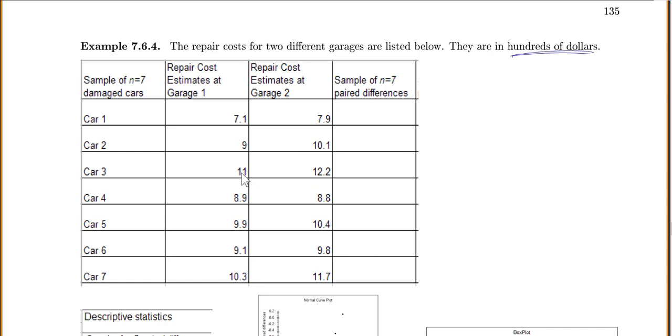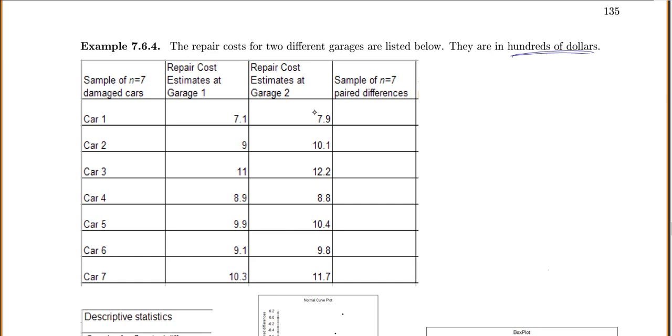Car 3 was $1,100 at Garage 1, $1,200 at Garage 2. So far, it seems like Garage 1 is being cheaper, right? Car 4, though, was $890 at Garage 1, $880 at Garage 2. So we get some that are better at Garage 1, some that are better at Garage 2. So what we're going to look for is overall which one is going to be cheaper.